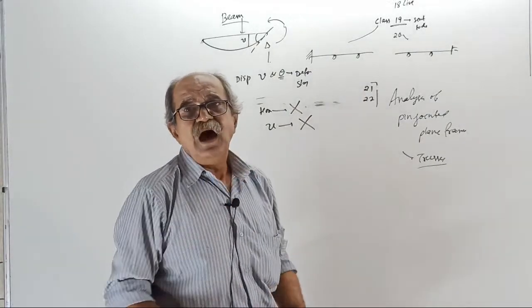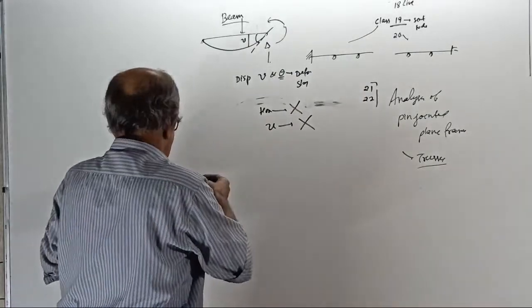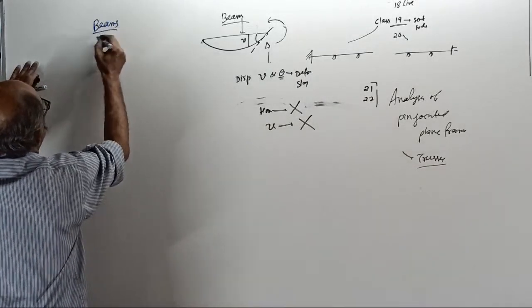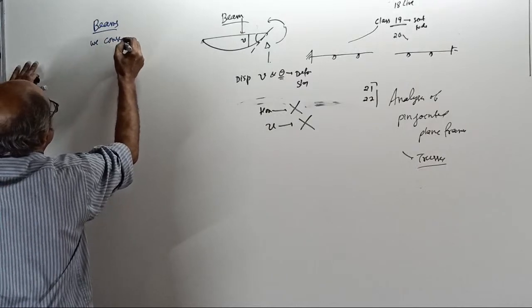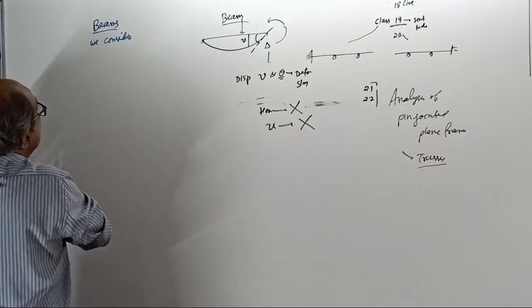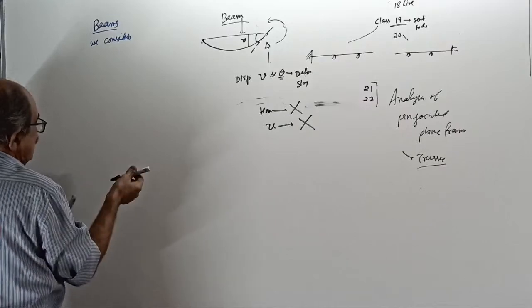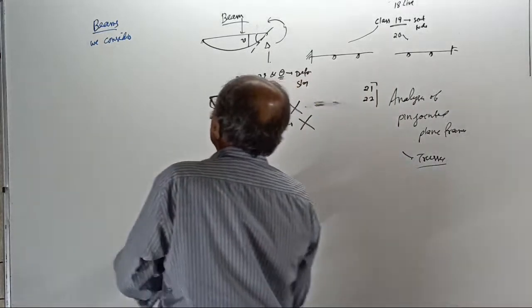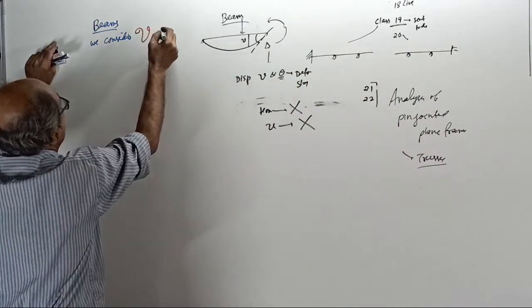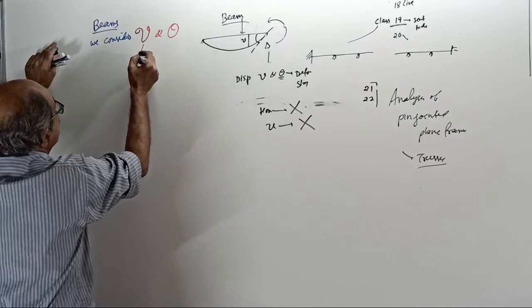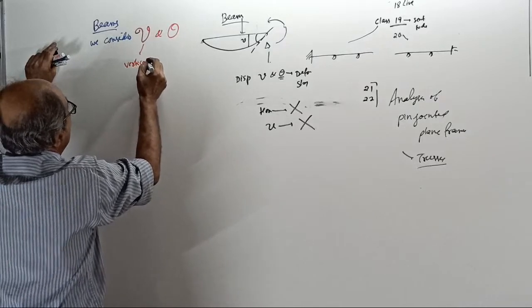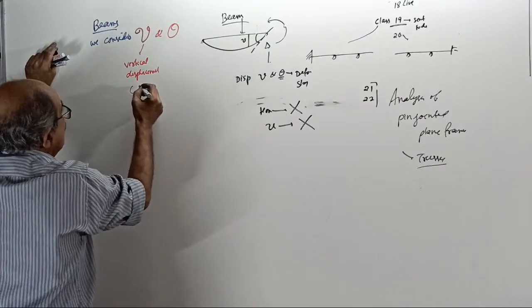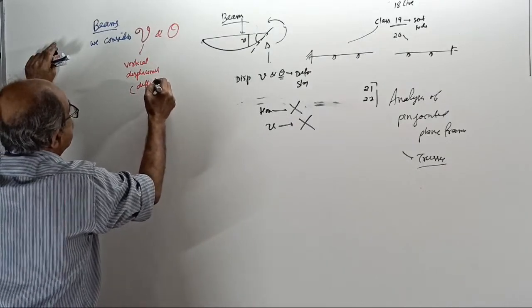For beams, the unknown displacements are, I write here now, be careful, in red color: for beams, we consider vertical displacement and theta. Vertical displacement is usually called deflection.